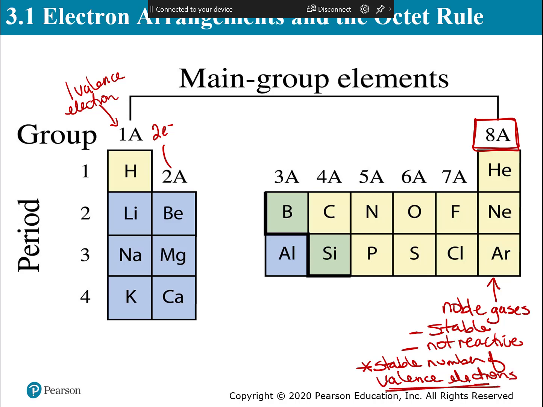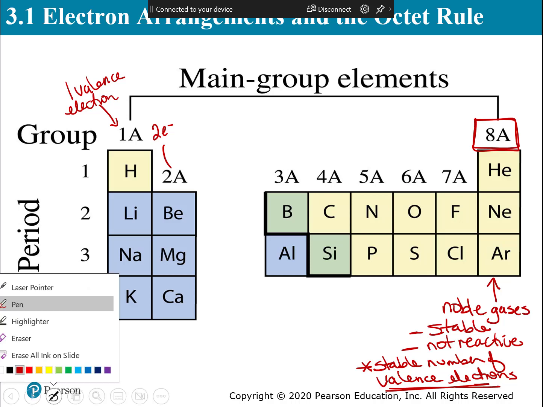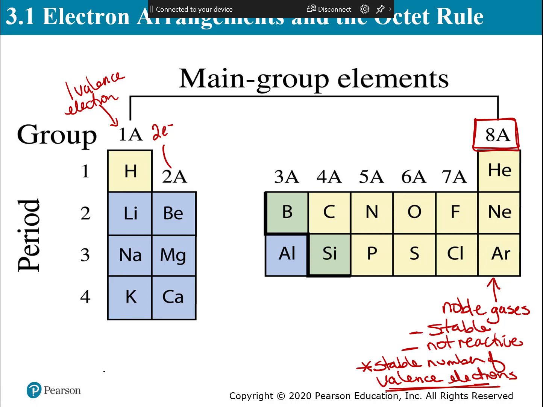And in fact, all other atoms react to try and be like a noble gas. So all atoms try to react so that they achieve this valence number. They call it the octet, or the stable 8.